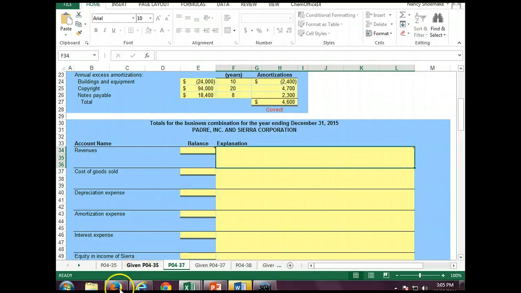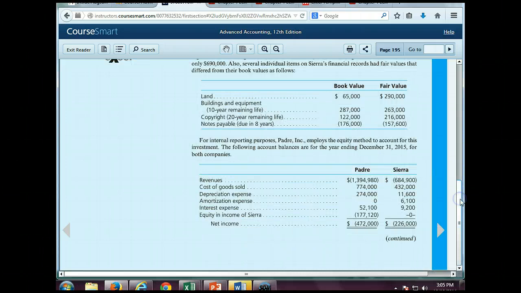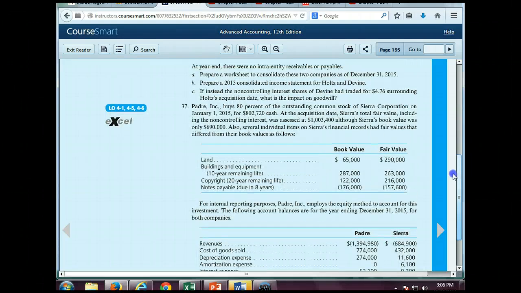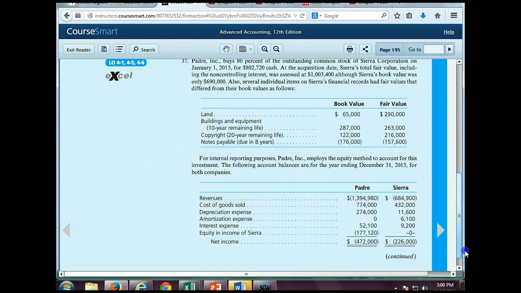Okay? Now let's go back, and it tells us, for internal reporting purposes, Padre employs the equity method to account for this investment. The following account balances are for the year ending December 31st, 2015 for both companies. We bought this in January of 2015. I always check to see when we bought it.